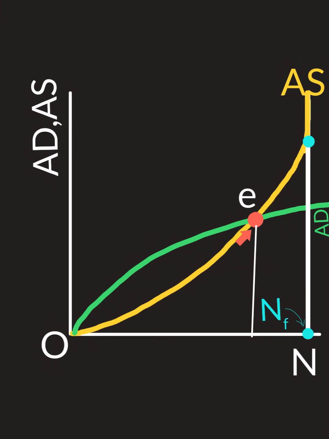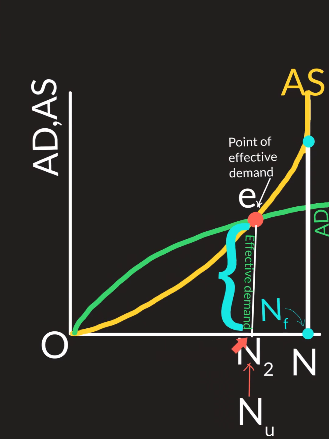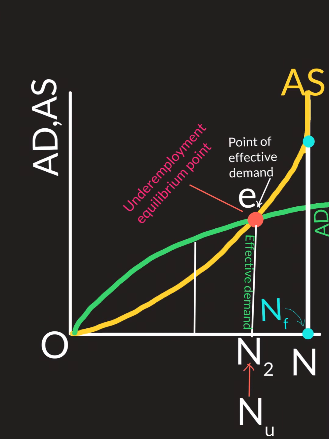That is, the expected receipts and the minimum receipts needed are the same. ON2 is the determined level of employment, but this employment is below the full employment level, and as such it is called underemployment. So we can say that this equilibrium point is also called underemployment equilibrium.